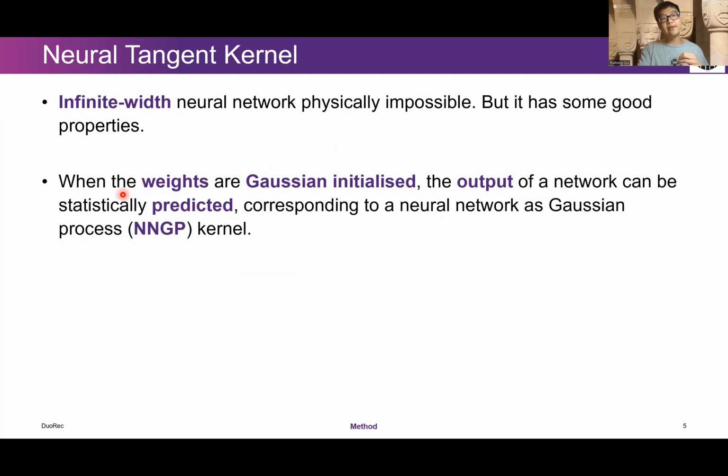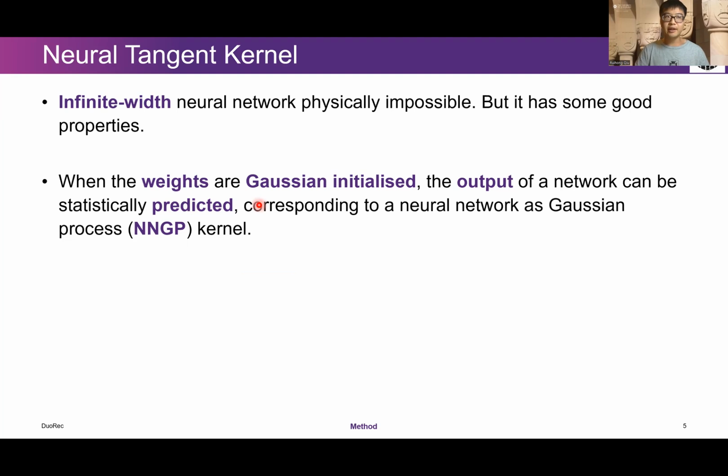When the weights of this infinite width neural network are initialized in a Gaussian distribution with some very mild precondition for this neural network, the outputs of this network under initialization can be statistically predicted.